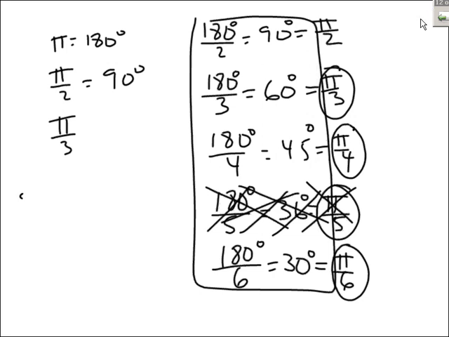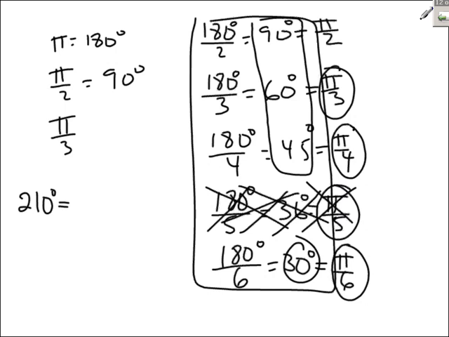If somebody gave me 210 degrees and said, convert this to radians, I would think of these numbers and say, aha, 210 is 7 times 30 degrees. And I know how to write 30 degrees. 30 degrees is pi over 6.